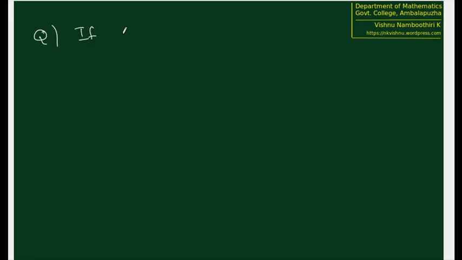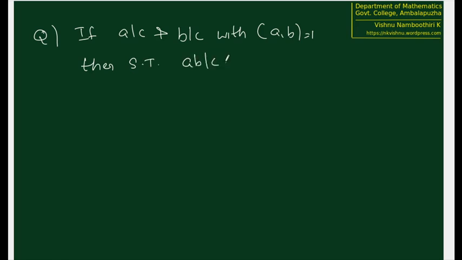If A divides C and B divides C with GCD of A and B relatively prime, then show that AB divides C. So A divides C and B divides C, but there is no common factor among A and B other than 1 itself. Therefore, the product AB also will divide C. This is what we are supposed to show.